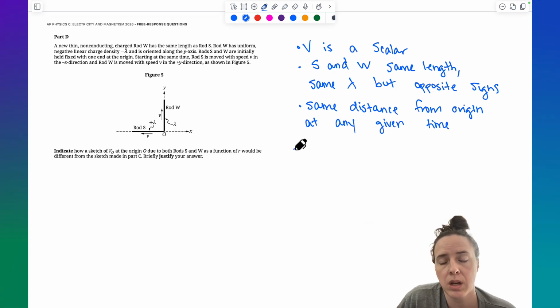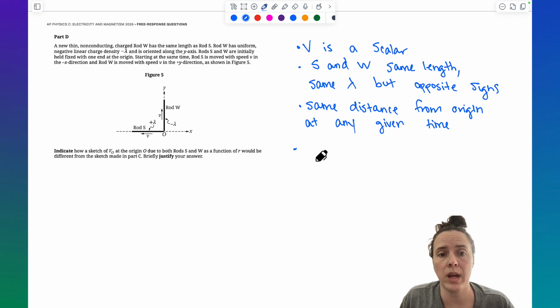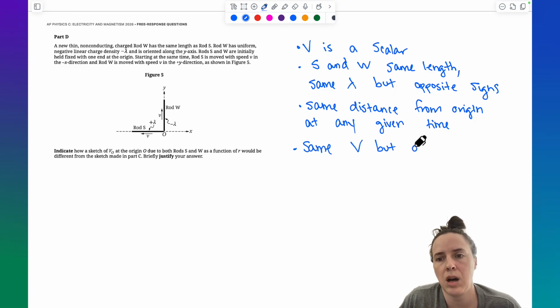So that means they're going to have the same value of the potential, just one positive, one negative. So same V, but opposite signs.